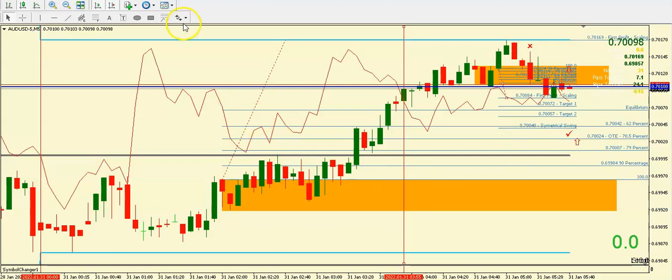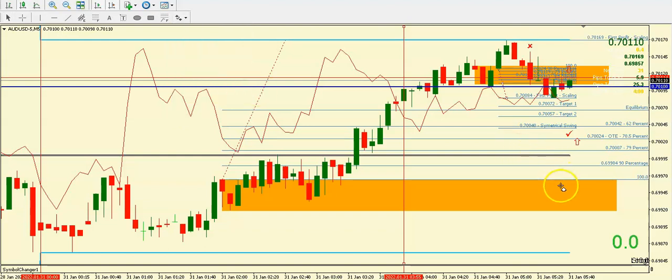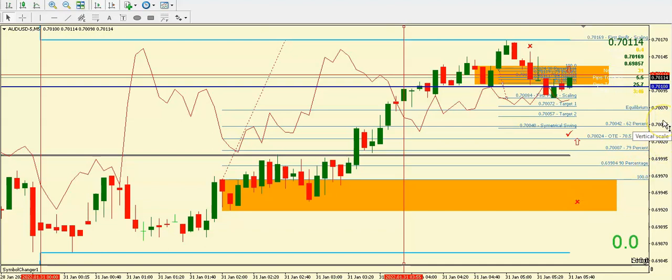I would have rather sat here and watched it come down and make the formation, make the proper entry reversal signal that I like. Below the middle of that. There you go. And the check mark. Okay, so just keep in motion.